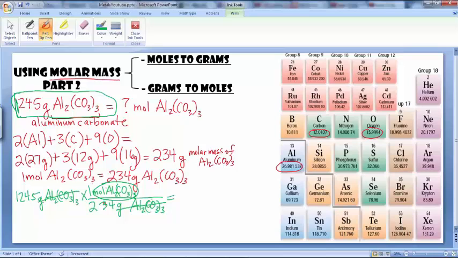Okay, so when you do this multiplication, you should wind up with 5.321 moles of Al2(CO3)3.